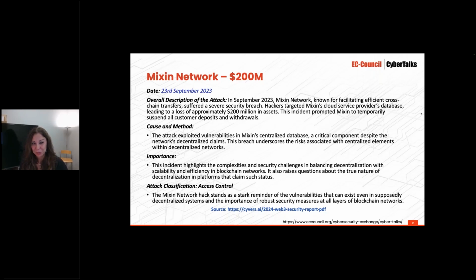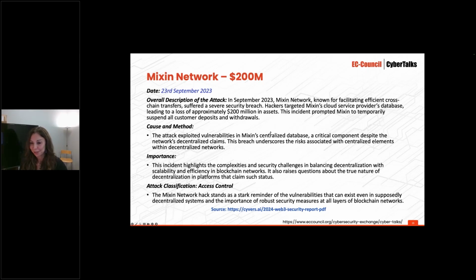And I thought this was a good one to highlight, because here there was the breach. It talks about the cloud service provider's database. So the root cause here is that within this decentralized platform, there's actually a centralized database that was part of a critical component.